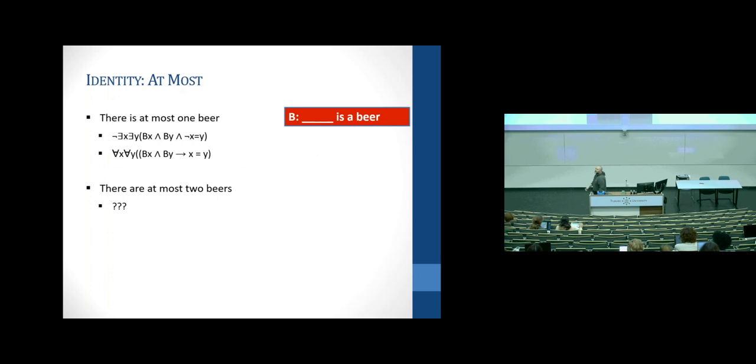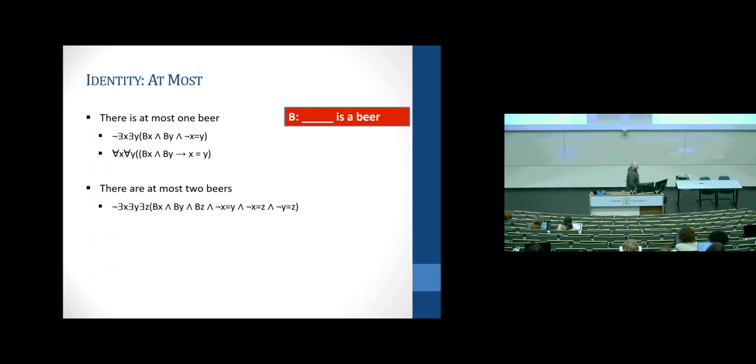So how would we say there's at most two? First things first, if there's at most two, what can't be the case? There can't be at least three, right? So, easy peasy first version. Just do the negated at least three. Easy. Now, if we wanted to do it with the universals, how would we do it?